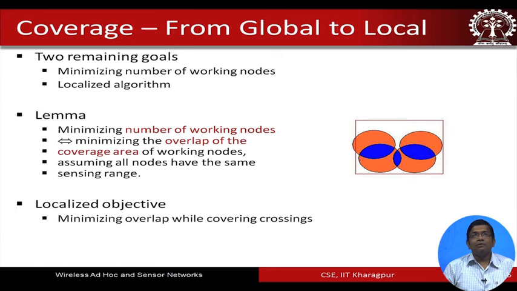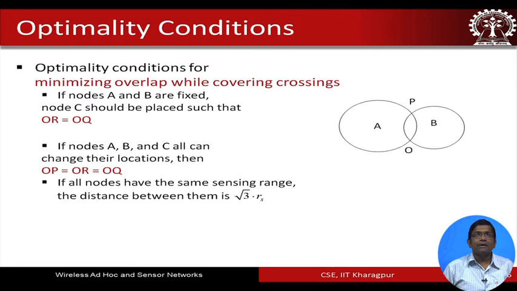One lemma says that minimizing the number of working nodes is an equivalent problem of minimizing the overlap of the coverage area of the working nodes, assuming that all the nodes have the same sensing range. So, the localized algorithm's objective is to minimize these overlaps while covering the crossings.